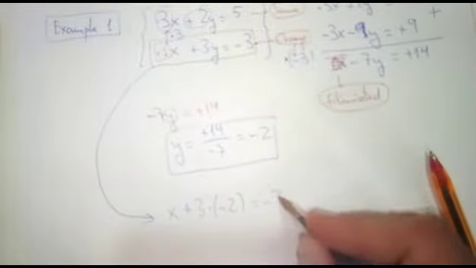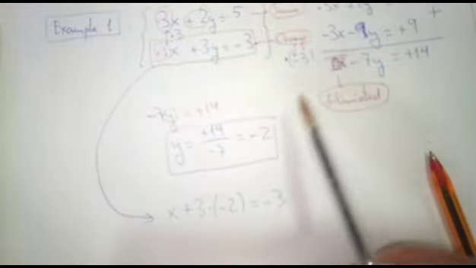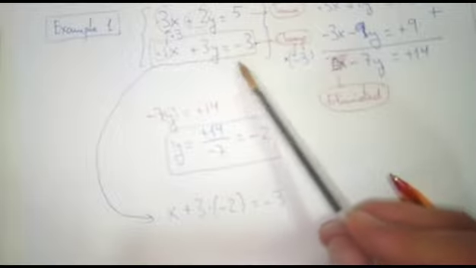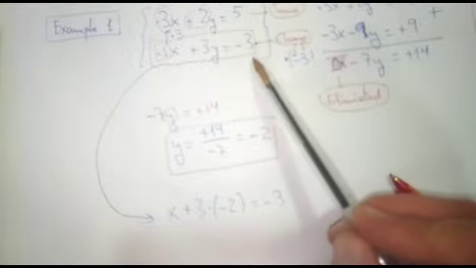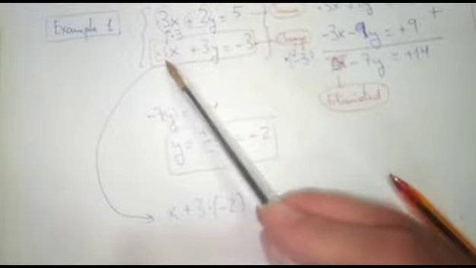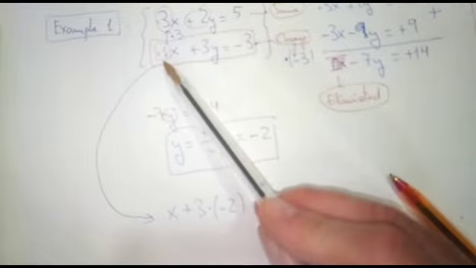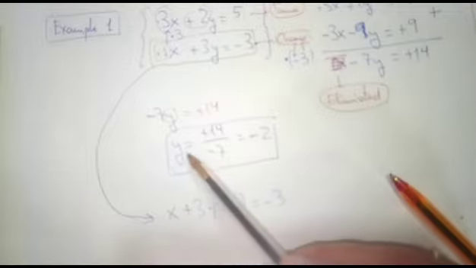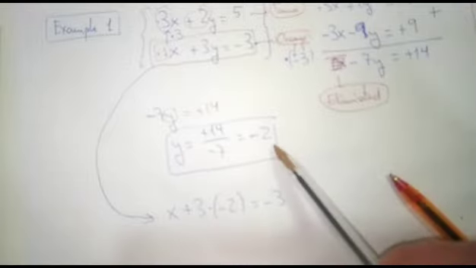So, again, we choose the equation with a 1 in the coefficient and write it again, but instead of y we write the value of y. The real value is minus 2.